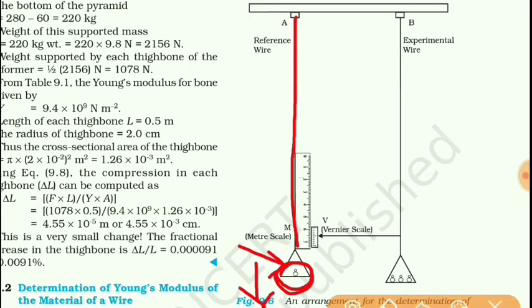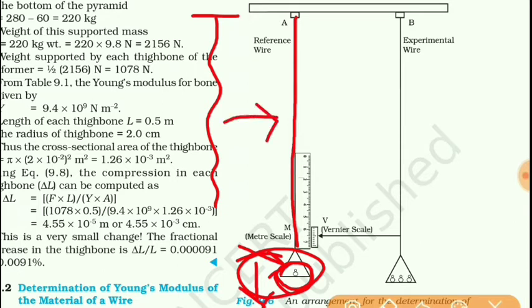Otherwise, if there is no mass inside the pen, then the wire will not remain straight, it will remain curved. But when the weight is suspended, the wire becomes straight. So just to keep the wire straight, some mass is kept inside this pen.